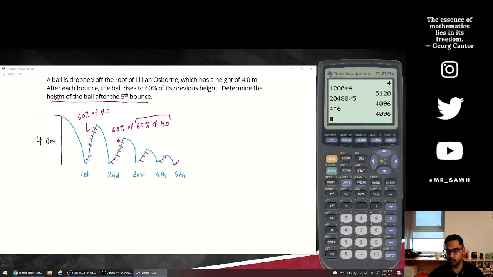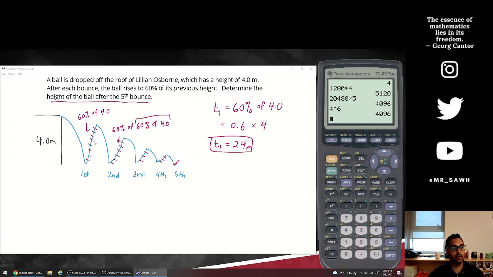So I can find out what this first value is, that term 1, by doing 60% of 4.0, which really means 0.6 multiplied by 4. So the first term here is 2.4. Right? I guess really it's 2.4 meters. That's going to be the first term.